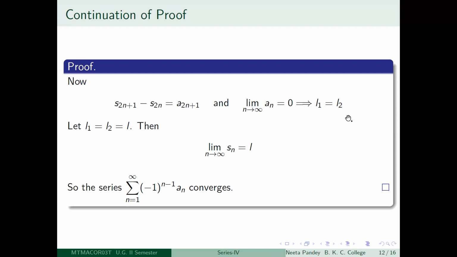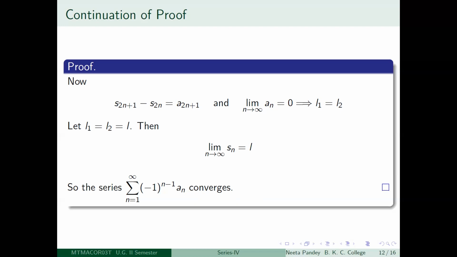Now, what were L1 and L2? L1 was the limit of the sequence of the even terms of partial sums. And L2 was the limit of the subsequence consisting of the odd terms.